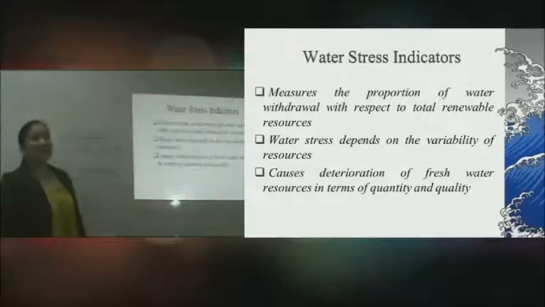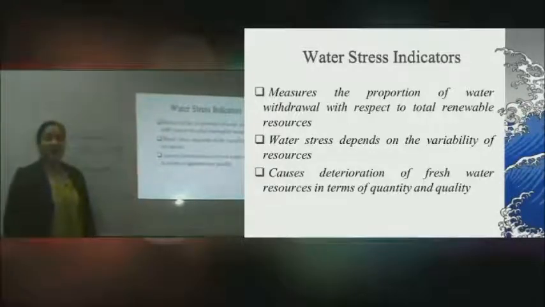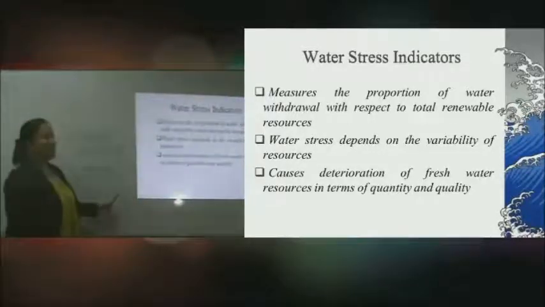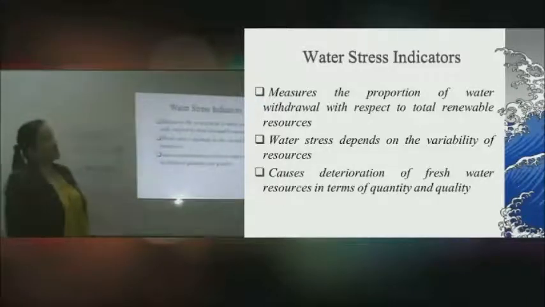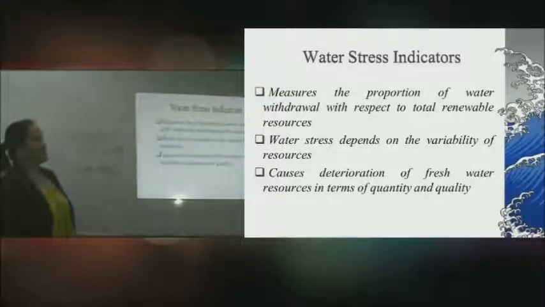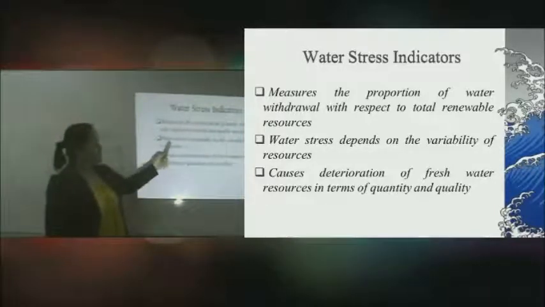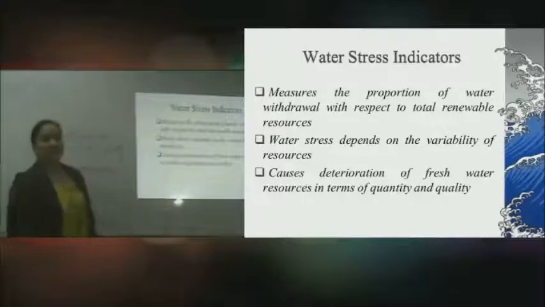Now, as engineers, you can also apply your LCA or life cycle assessment in doing this. I have actually done this to compute for water stress indicators. So what are water stress indicators? They measure the proportion of water withdrawal with respect to the total renewable resources. And then here, we depend the water stress on the variability of the resources.